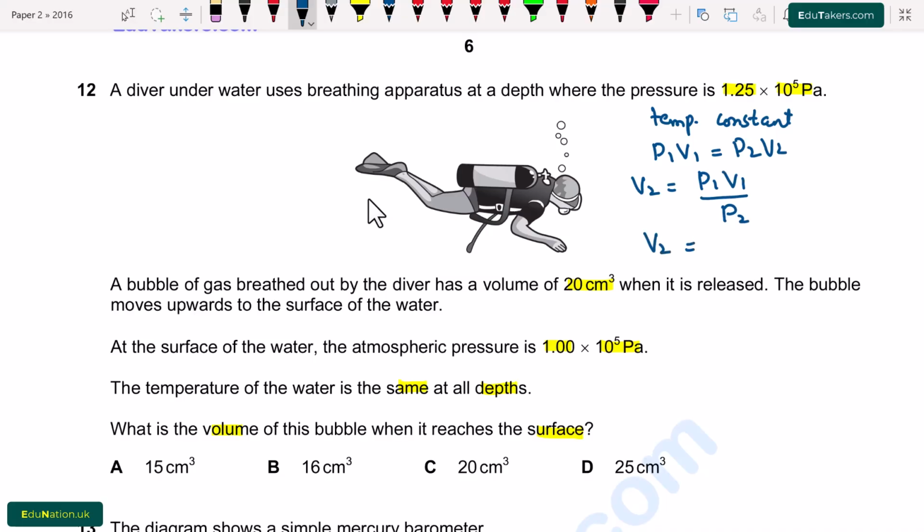V2 will be equal to P1, 1.25 into 10 to the power 5, multiplied by V1, 20 cubic centimeter, divided by P2, 1.00 into 10 to the power 5 Pascal. So volume V2 will be equal to 25 cubic centimeter. Now we see the options. Option A 15 cubic centimeter, B 16 cubic centimeter, C 20 cubic centimeter, D 25 cubic centimeter. So D option is correct from here.